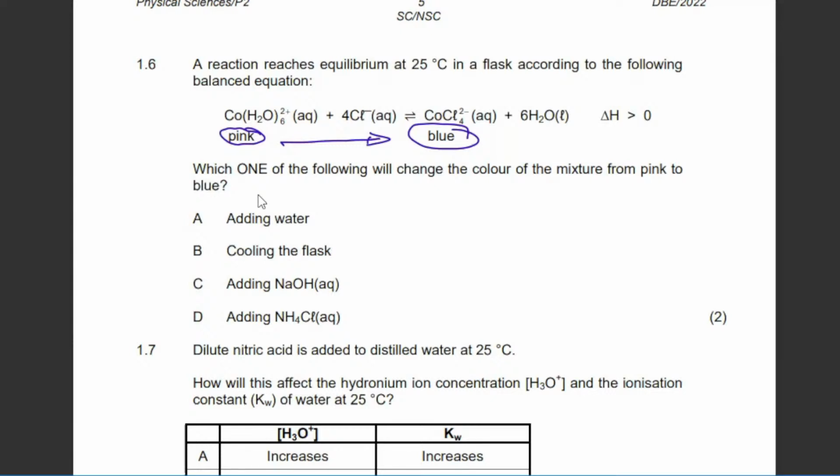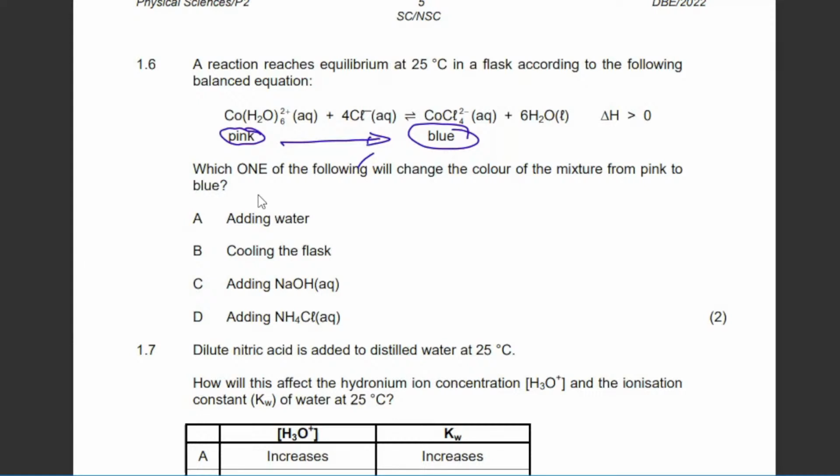So now let's look at this. First one, adding water. No, water will not cause a big change in color. Cooling the flask. Cooling, this is where the enthalpy change is greater than 0. So cooling of the flask. Now adding sodium hydroxide.